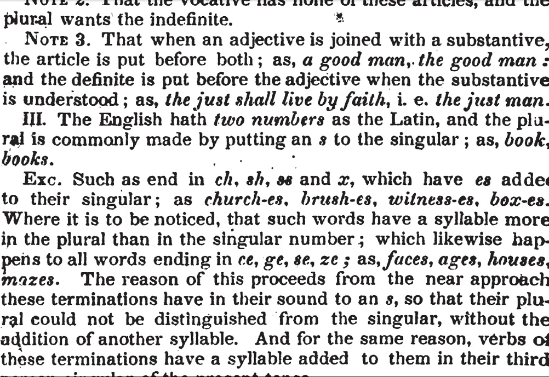The English has two numbers, as the Latin, and the plural is commonly made by putting an s to the singular, as in book, books. Such as end in ch, sh, double s and x, which have es added to their singular, as in churches, brushes, witnesses, boxes.